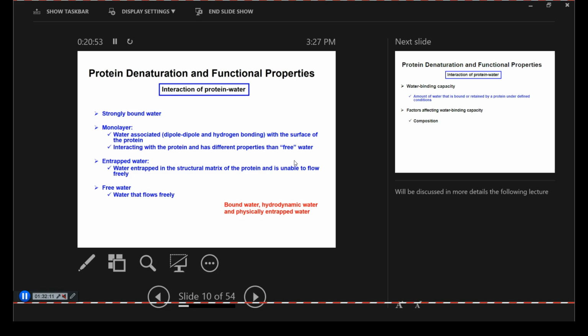Yeah? So when you're measuring the moisture content, are you able to measure all of the entrapped water? Yes, you will be able to measure the entrapped water, because the entrapped water is not strongly bound water, so it will evaporate. But it really depends on how you prepared your sample.